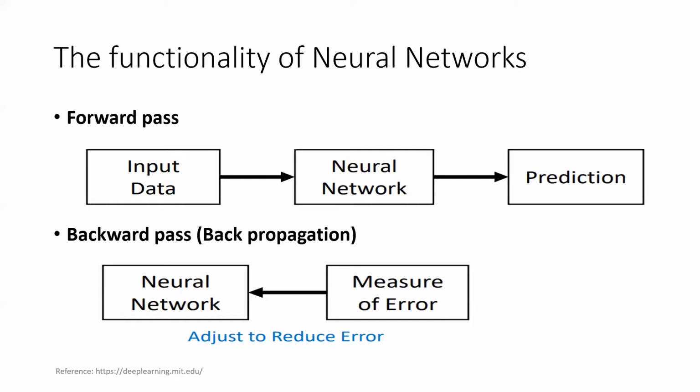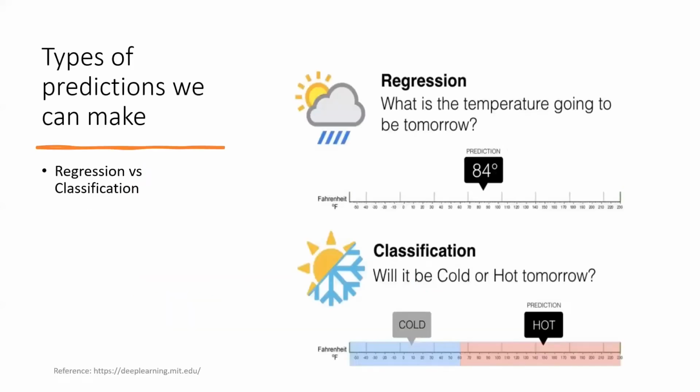These are just boxes. So, types of predictions we can make with neural networks: we can make regression and classification. Isaac talked about regression and classification in his earlier tutorials. An example of a regression question would be, what is the temperature going to be tomorrow? With a regression question, I don't expect a categorical or discrete answer of yes or no. If I ask what the temperature will be tomorrow, there is a range.